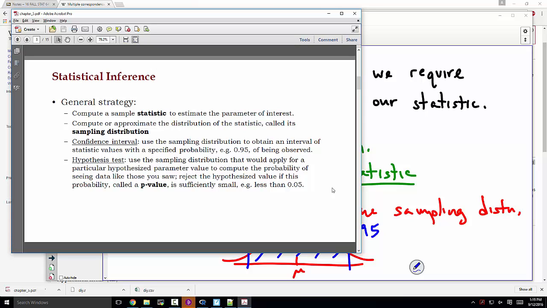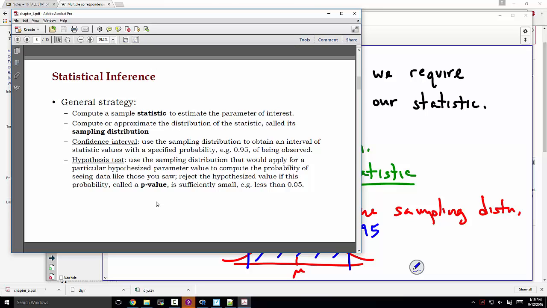That assumption's probably not right. What we do to actually put that into practice is compute what's called a p-value. This is a probability, a number between 0 and 1, and it is specifically the probability of seeing data like yours, or even more extreme, if the null hypothesis is true.